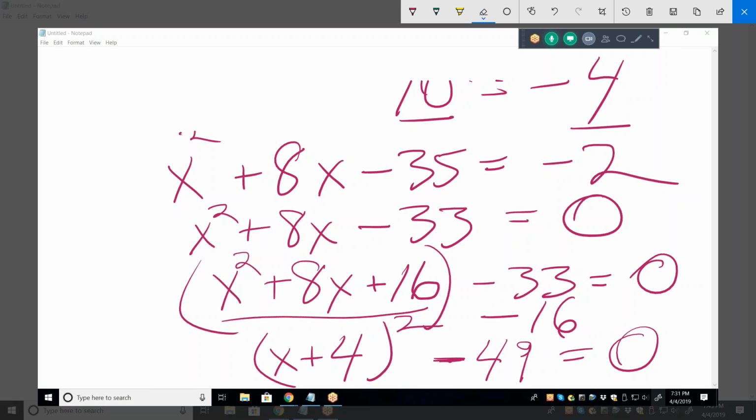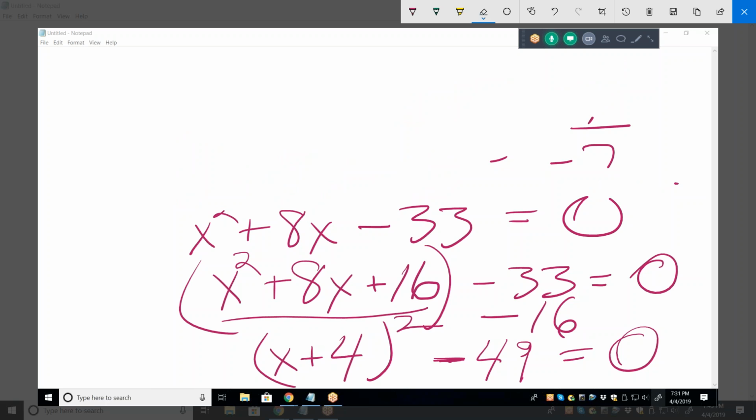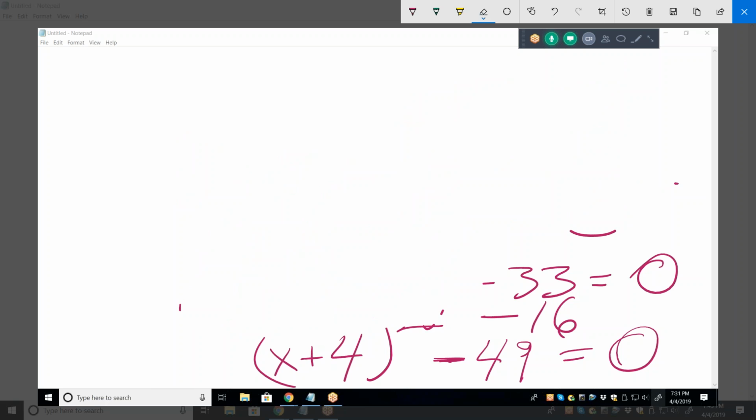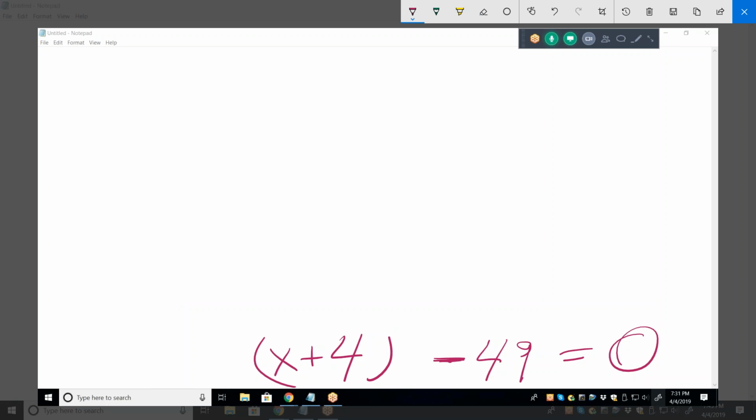You need room to write. We're starting with the bottom row. How do I solve the bottom row? Remember, the request is to solve for x.